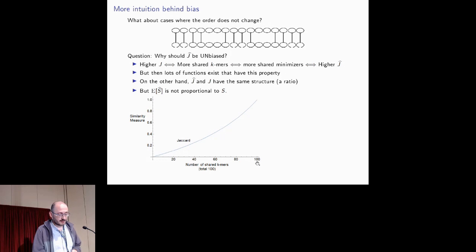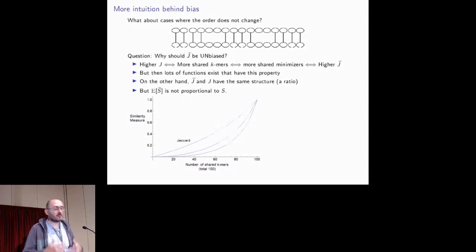And on the x-axis is the number of shared k-mers out of a maximum 100. And it's a function that looks like this. But there are lots of other functions that could have this property. These are two other examples of functions. Now, if your expected estimator behaves like one of these other functions, it's going to be biased, because for some value of shared k-mers, it's going to give you a different result than the true Jaccard.